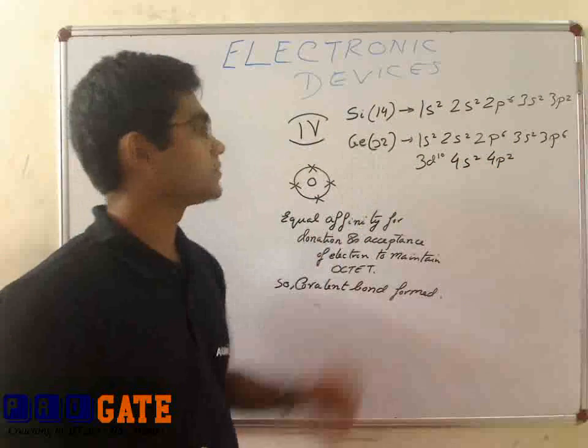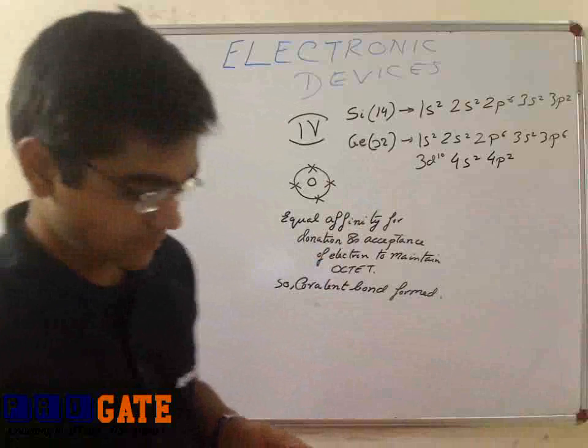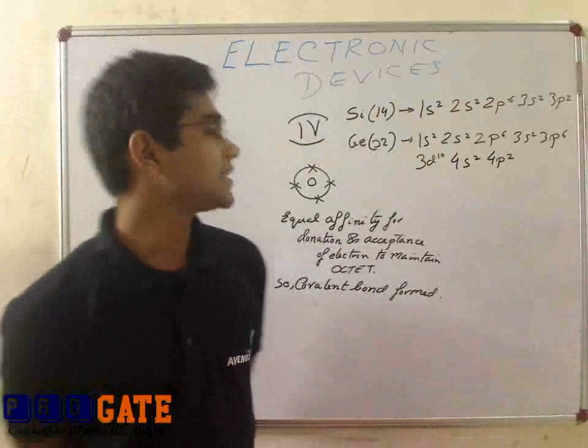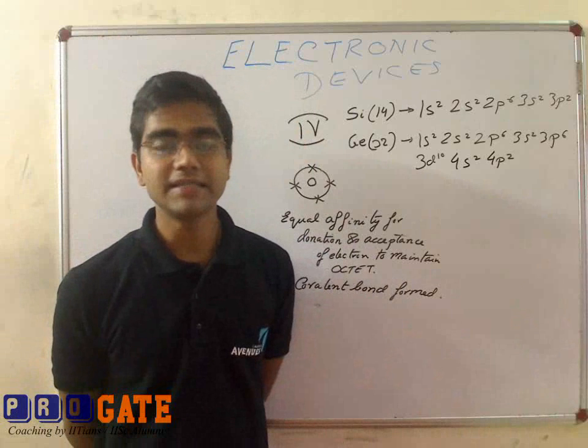This is the distribution of silicon and germanium. Silicon and germanium are the elements generally used in the semiconductor industry.